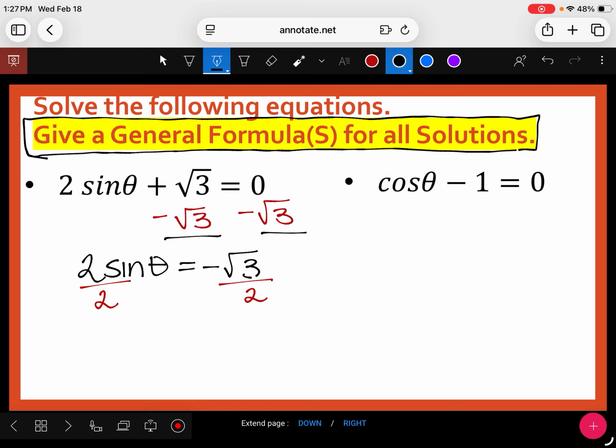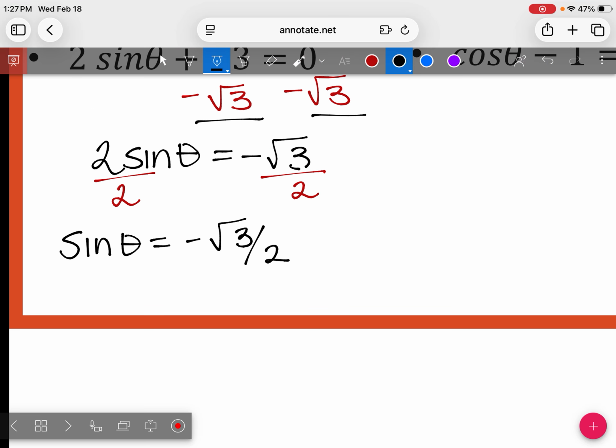So that tells me sine of theta is negative root 3 over 2. So the opposite of sine is inverse. So looking on your unit circle, tell me where is sine negative root 3 over 2. There should be 2 answers.